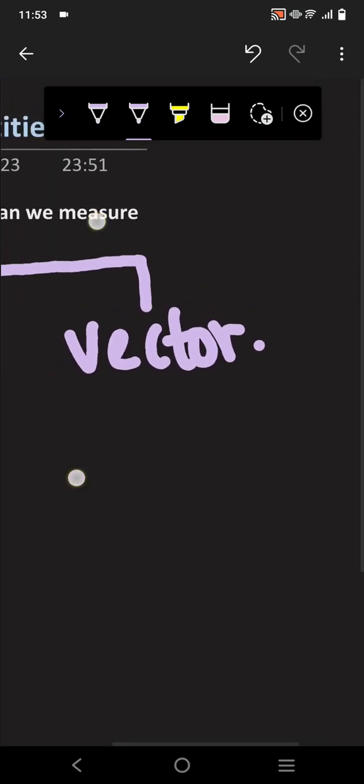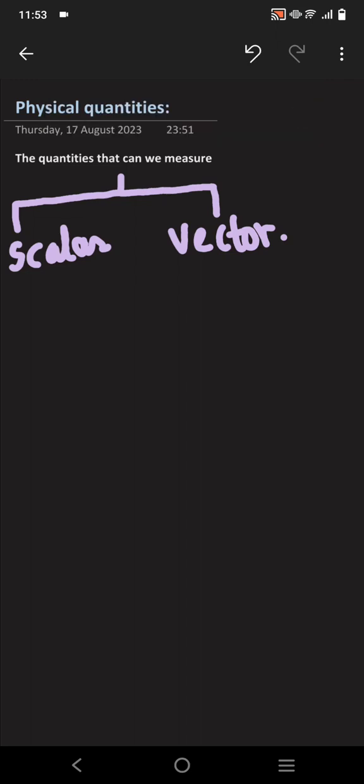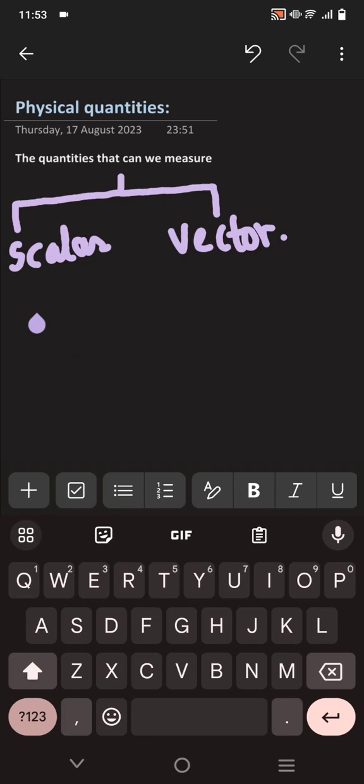Number one is scalar and number two is vector. As I told you, physical quantities are the quantities that can be measured, measurable quantities. Those measurable quantities are now divided into scalar and vector.